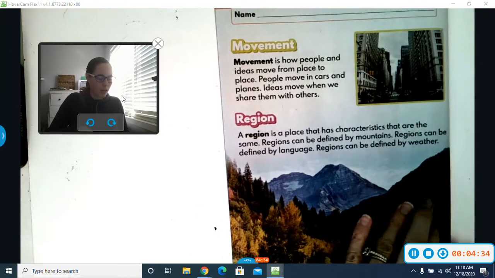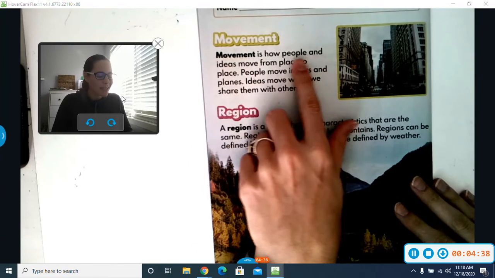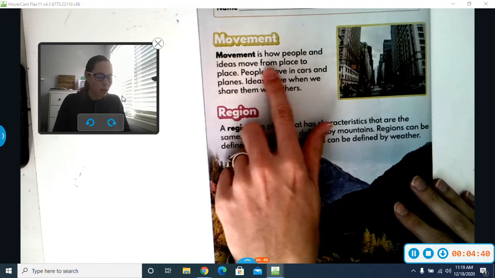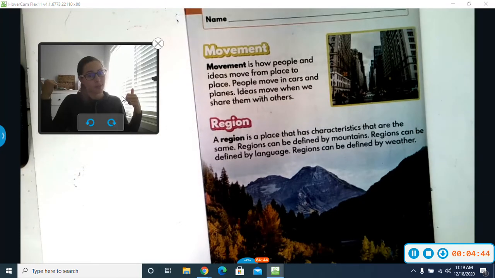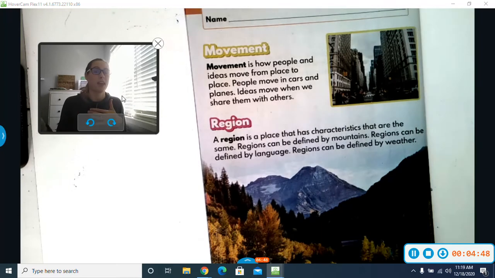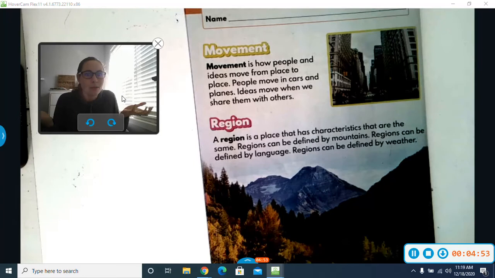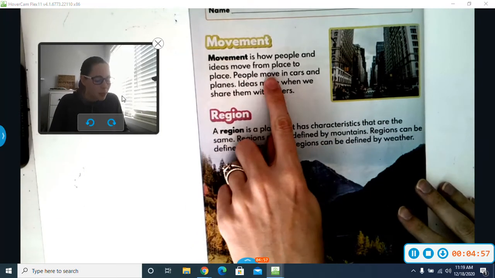In green, it says movement. Movement is how people and ideas move from place to place, right? How do I get from here to my kitchen? I gotta move. How do I get from here to my vacation if I'm going on a vacation? I have to go somewhere, but how do I get there? That's what movement is. People move in cars.